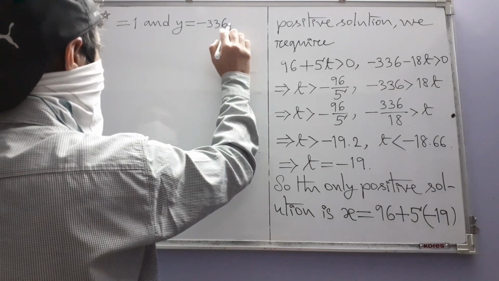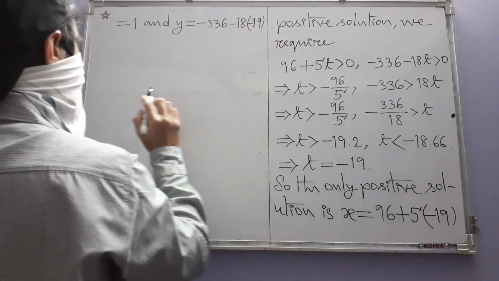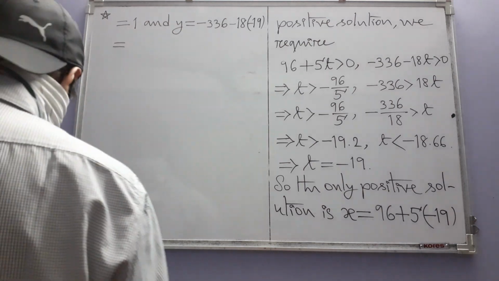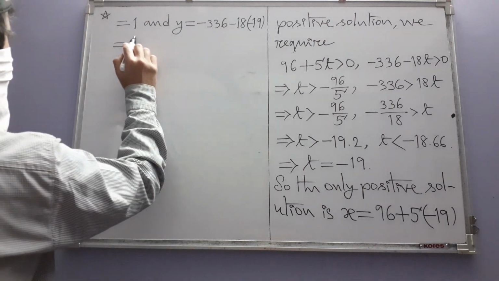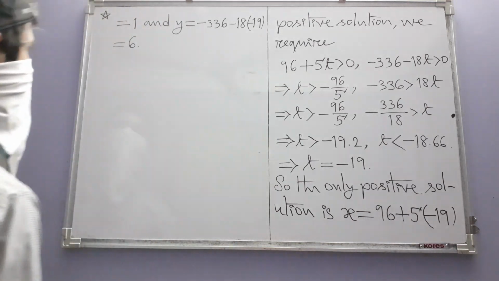Minus 18t, minus 18 times minus 19, and this turns out to be equal to 6. So x is 1 and y is 6, that is the only positive solution.